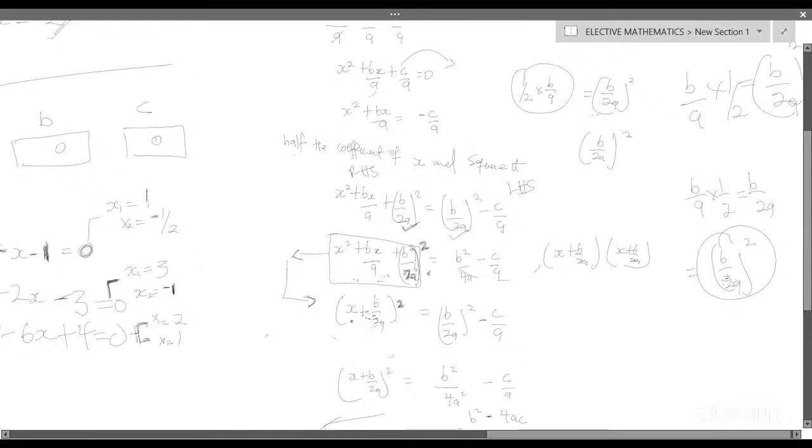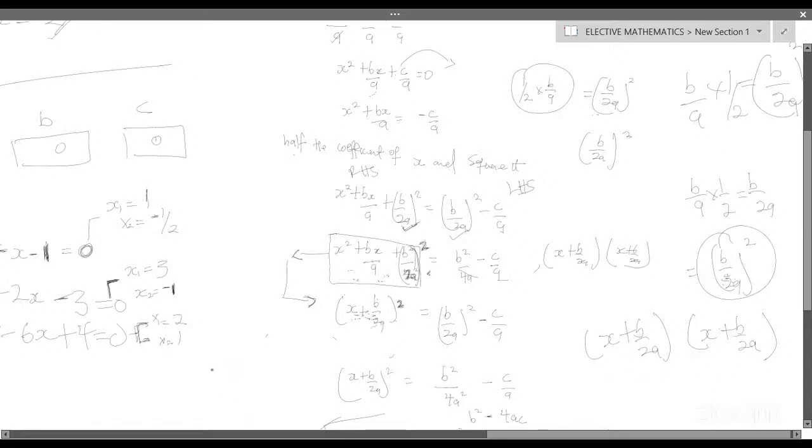Now, if you want to see that this is the condensed form, you expand this. It's x plus b over 2a all squared, which means it's the same as x plus b over 2a multiplying x plus b over 2a like this. Are you getting the point?